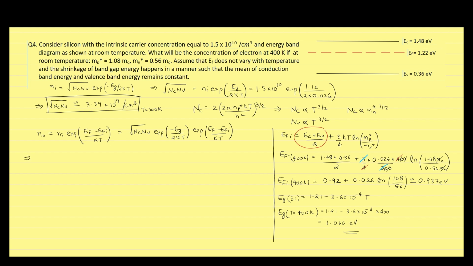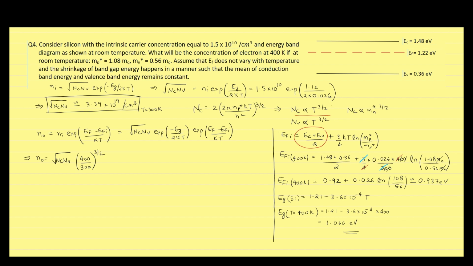Now we will put all these values in the free electron concentration. And as we have already discussed, the value of Nv and Nc depends upon the temperature. So Nc into Nv, and we have to multiply it by 400 divided by 300 raised to the power 3/2.